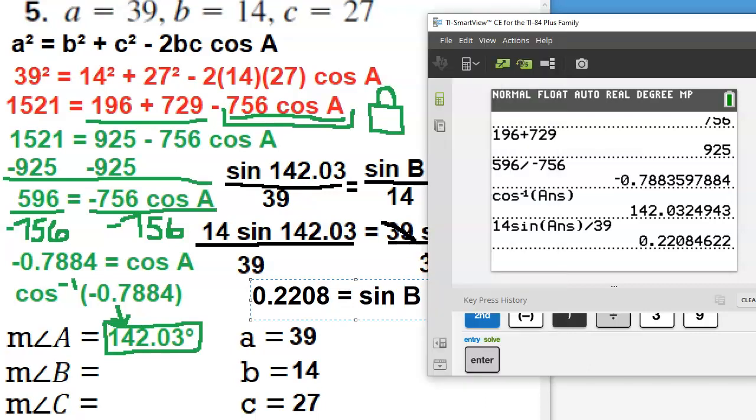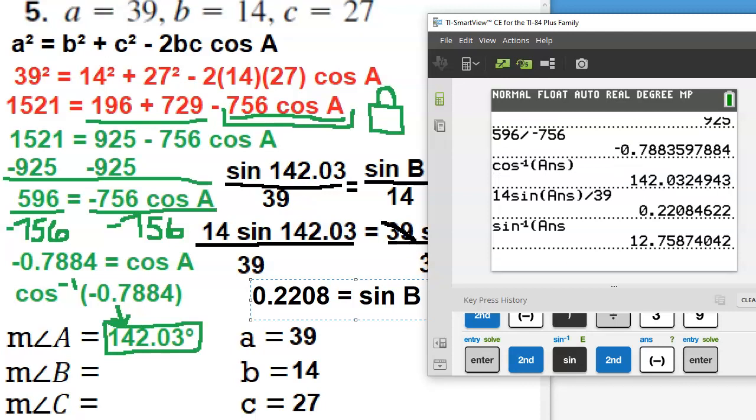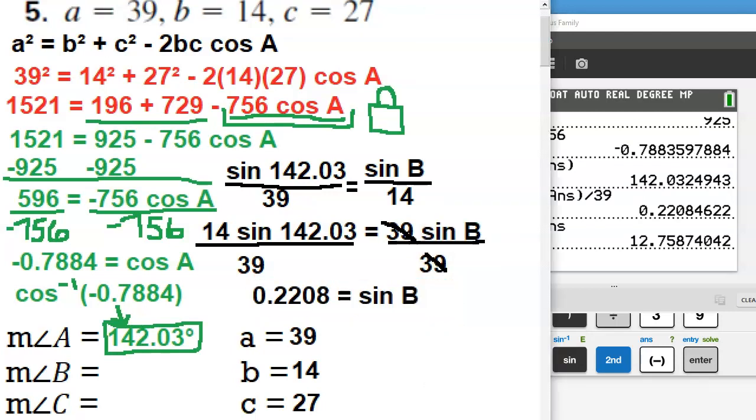Then we're going to do the inverse sine of the answer. We are so close. That is a tiny angle compared to what we've been doing. It actually makes quite a bit of sense if you think about it. Angle A was so obtuse that it didn't really leave a ton of degrees left for the other two.